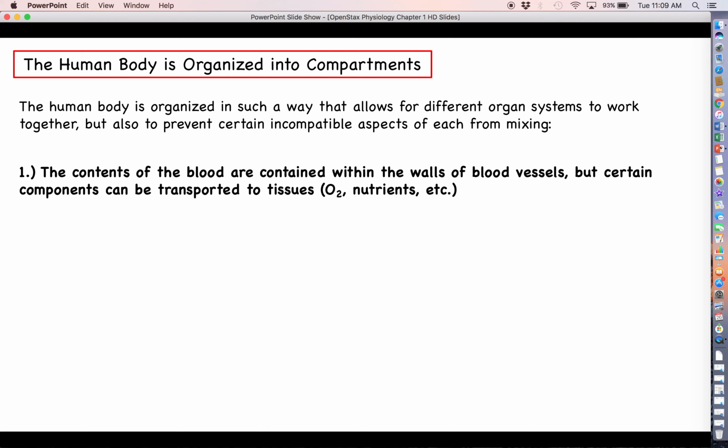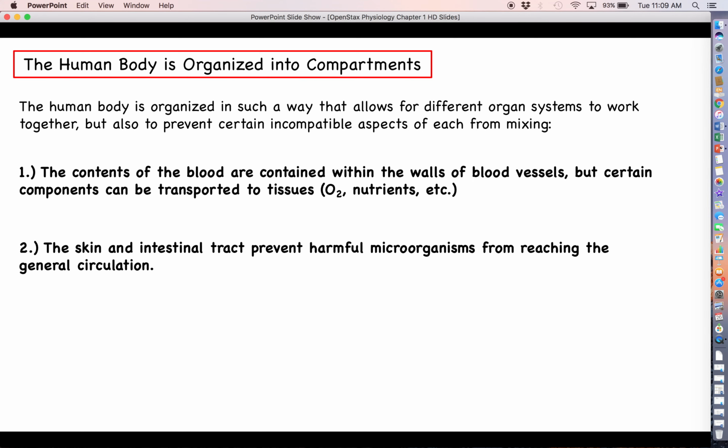It wouldn't really work very well if blood just spread all throughout the body willy-nilly, right? Another example of compartmentalization: the skin and intestinal tract act as barriers to prevent harmful microorganisms from reaching the general circulation.